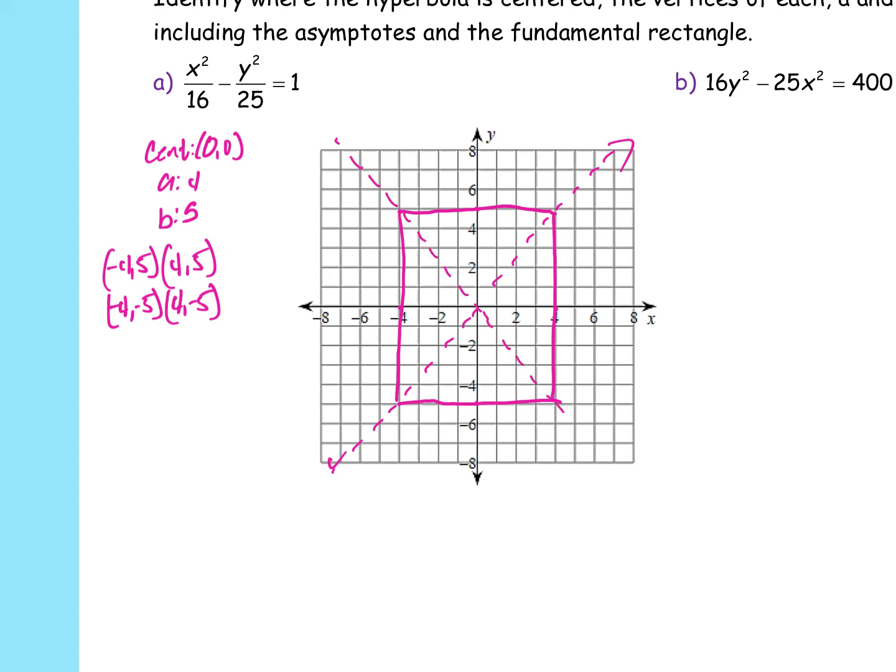That one's a little crooked, sorry. And it's opening vertically, no, horizontally. Oh, that's a bad curve. There we go.